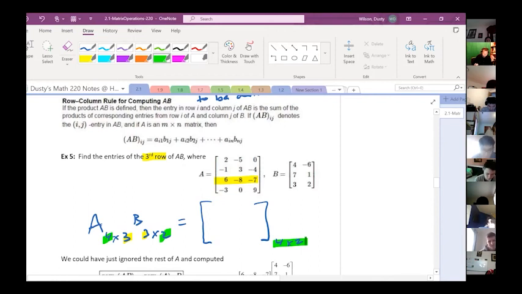And so to find the things in the third row, we're going to take the yellow and dot it with the orange, and that'll give us this first entry.